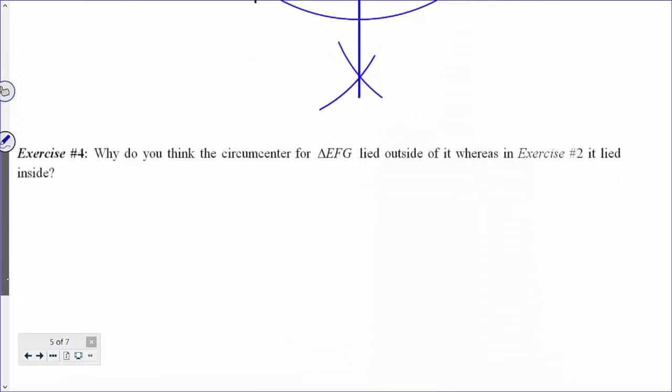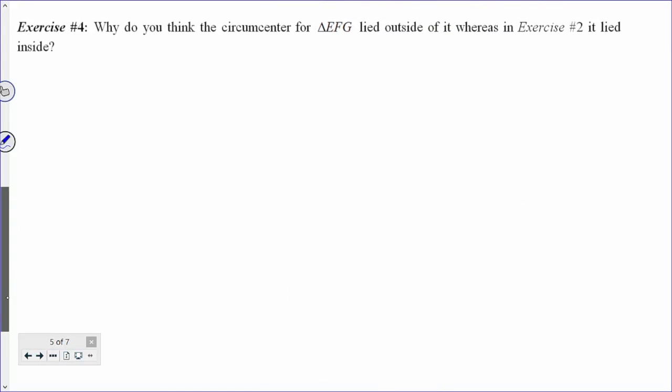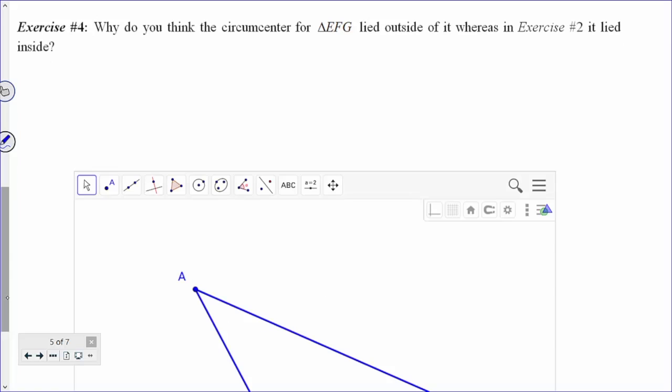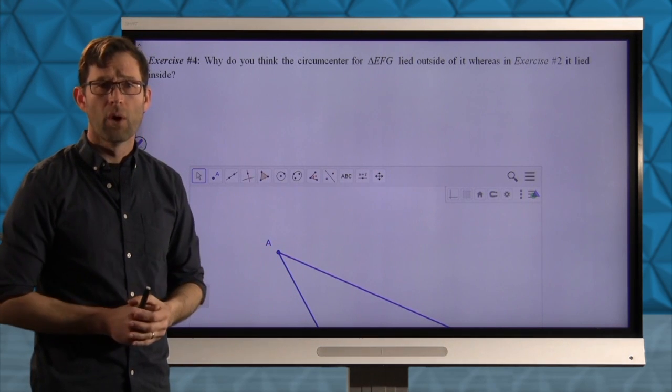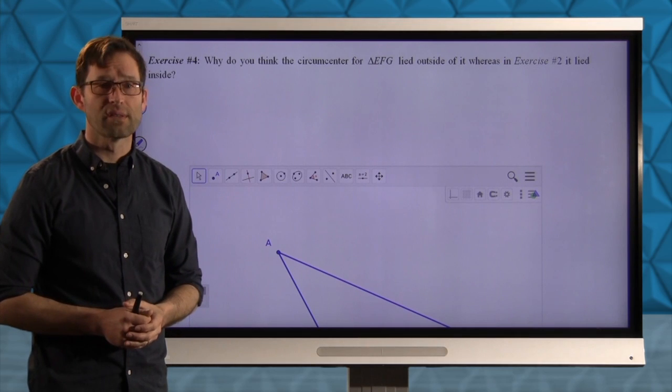And why do you think the circumcenter for EFG lied outside of it, whereas in exercise 2, it lied inside? Do you have any speculation on that? Take a moment. This is pure conjecture. Why is that?